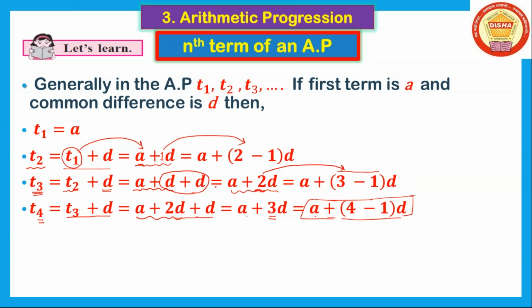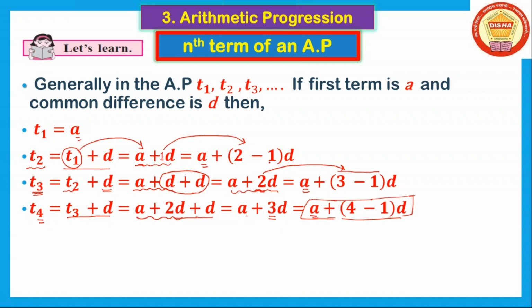Okay, see here, we take it here, T1 is equal to A, T2 is equal to A plus 2 minus 1 into D. Okay, T3 is equal to A plus 3 minus 1 into D, and T4 is equal to A plus 4 minus 1 into D. If we see here, the first term is present in all that terms.